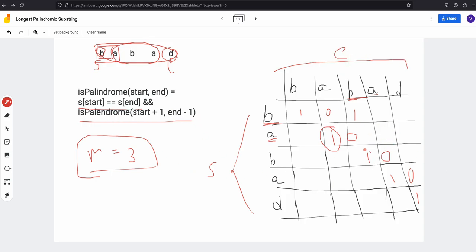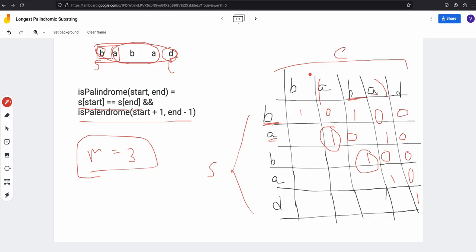So yeah, this is also satisfied. This is also a palindrome. So what is the string? ABA is a string. Now B is equal to D? No, so this is not a palindrome. Similarly, B is equal to A? No. A is equal to D? No. B equal to D, similarly like this.